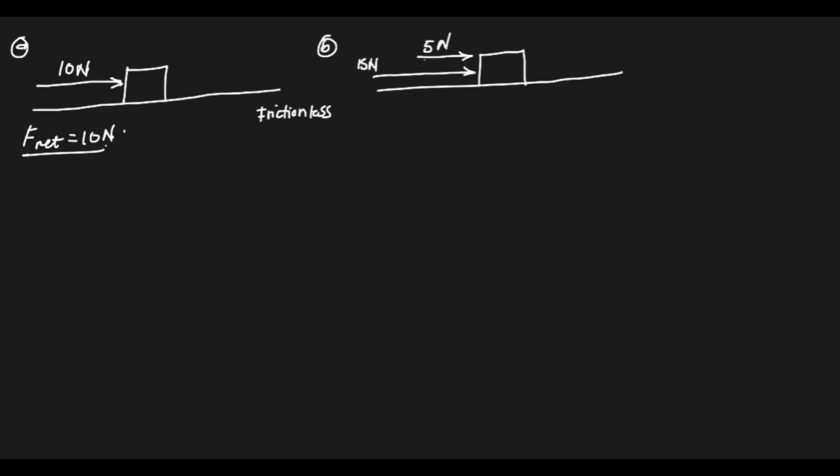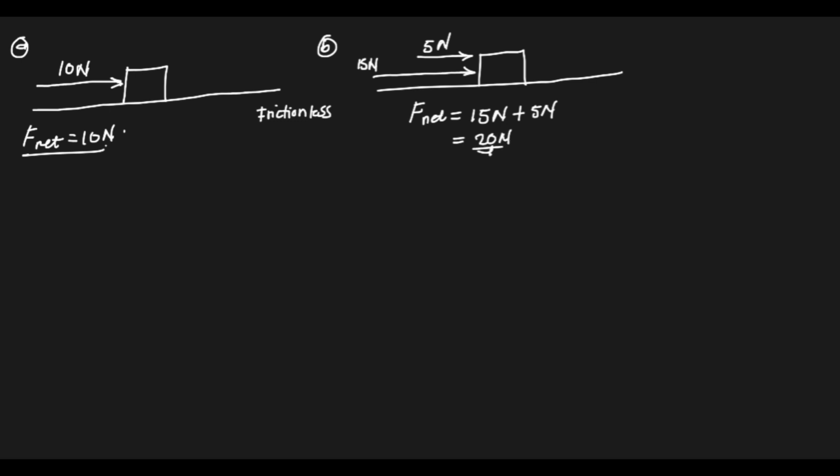Whenever the arrows are pointing in the same direction, to find the net force you need to find the sum of the two forces. So here we have 15 newtons plus 5 newtons, which gives us a total of 20 newtons as our net force.